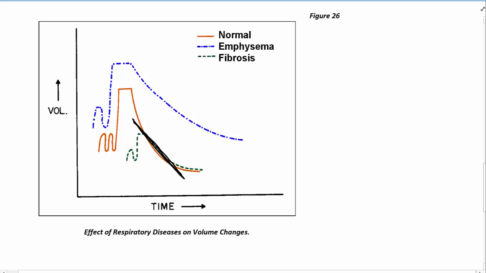And so we see the slope is really the same, or very similar, in both the normal versus the fibrosis. However, if we look at the emphysema, the slope is drastically different. And you can see that here. So these disease states will change a forced expiratory flow.